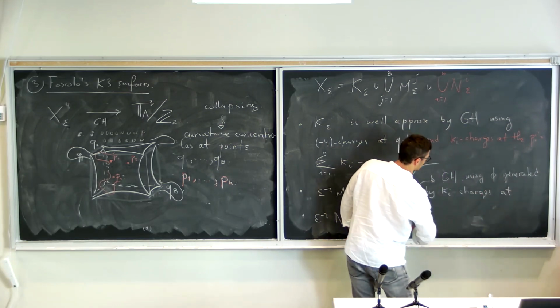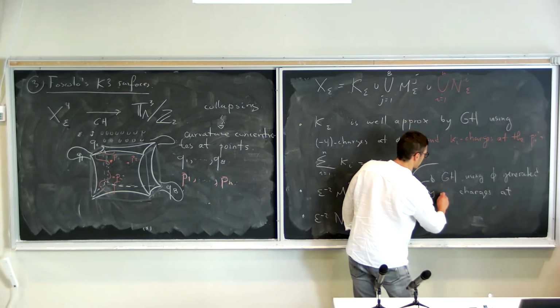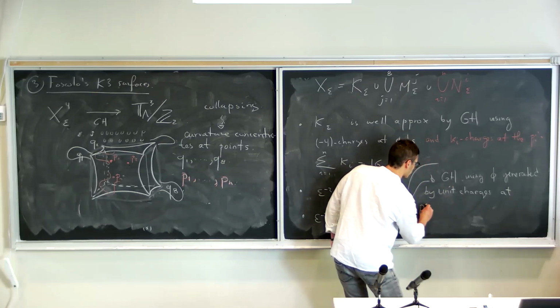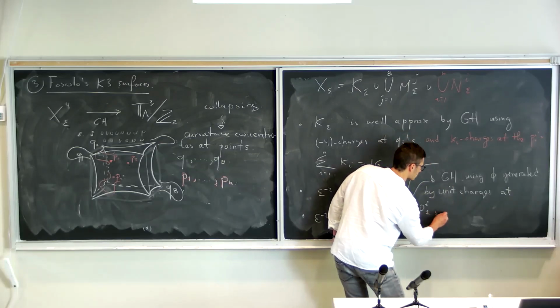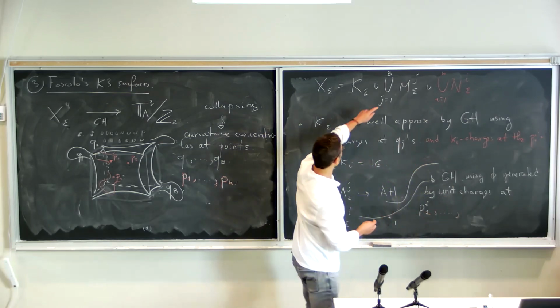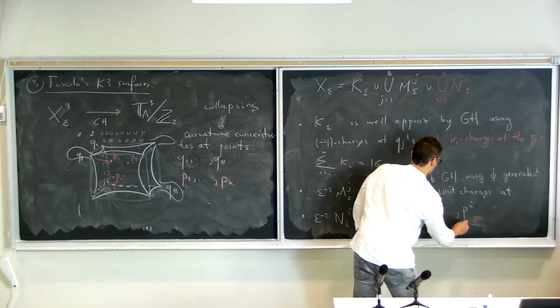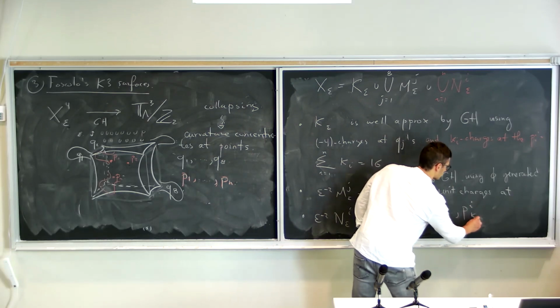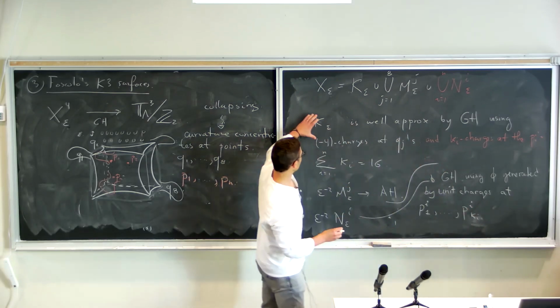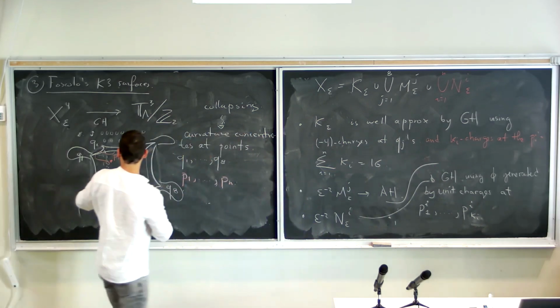I'll call them P_I1, the I index for the bubble, up to P_I KI. Okay, so they're not these ones. These are all in here.